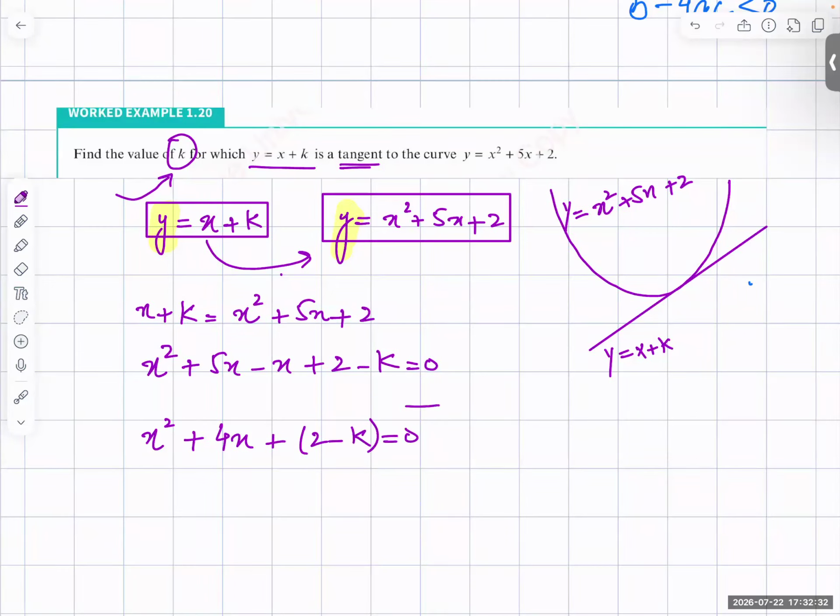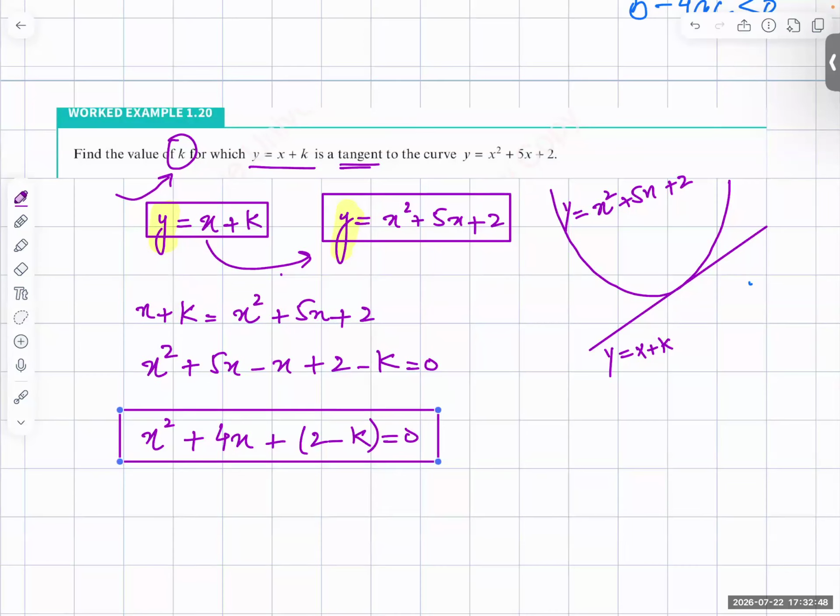Is that clear? Yes. What we do is we simply solve them simultaneously. We take the value of x or y from the linear equation and substitute it in the quadratic. By doing that, we get a quadratic equation.